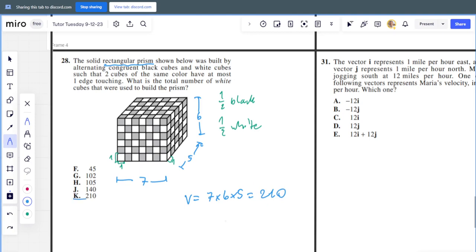Okay, so answer choice K, right? Wrong. We're asked to find the total number of white cubes that were used to build the prism. The number of white cubes is going to be the total volume divided by 2. 210 divided by 2 gives us 105 white cubes that were used to build this prism. So that would be H. Whoever said H was correct.